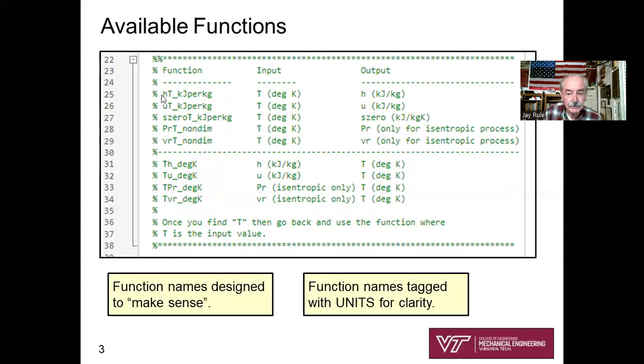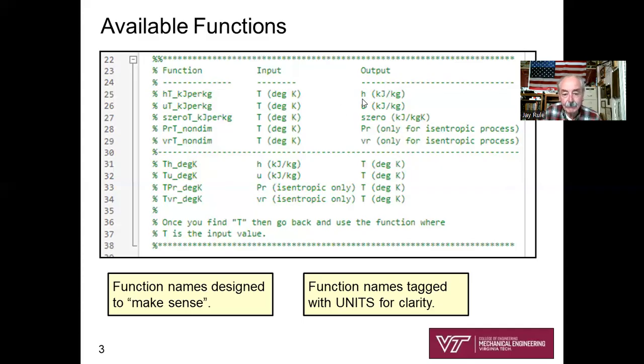And then let's look at the first one, hT. Well, that means the output is h with the input of T. And that's the beauty of these ideal gas properties, is that there's a one-to-one correspondence between these properties and temperature. That makes it so much easier than phase change substances like steam. So you get the idea.